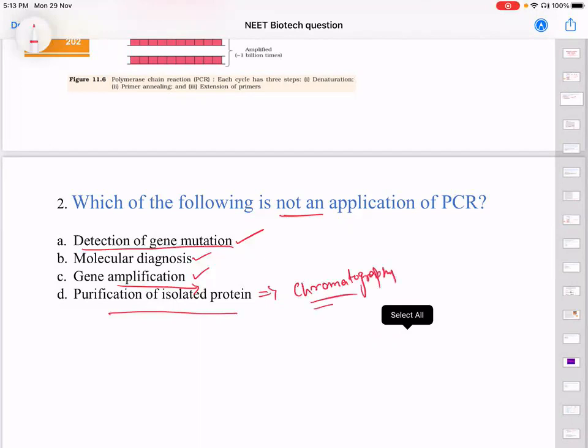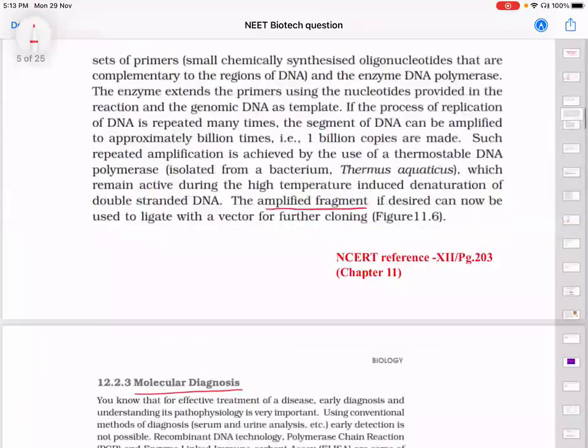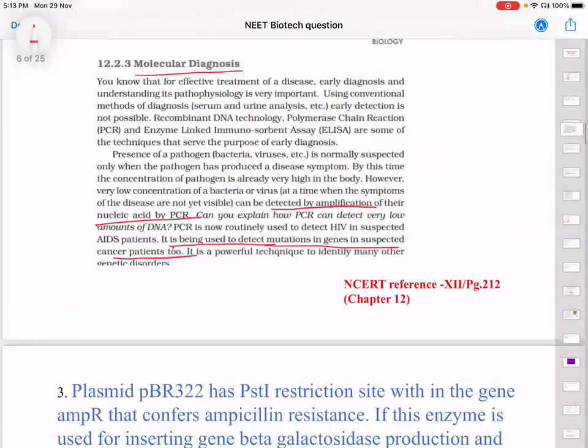Chromatography is the general, preferred technique for purification of protein, but we do have some other techniques. So this is all regarding question 2, and you can see the reference on page number 2, and the chapter is the 12th chapter, that is biotechnology applications.